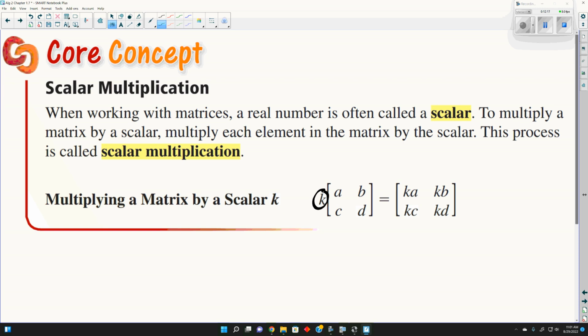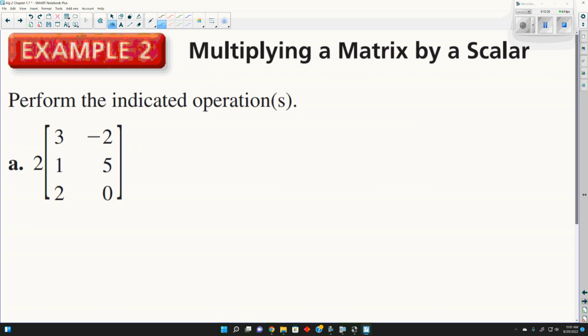So let's look at the first one. Here our scalar is 2. So we want to multiply everything in that matrix by 2. So we'll have 2 times 3, which is 6. Then we'd have 2 times negative 2.